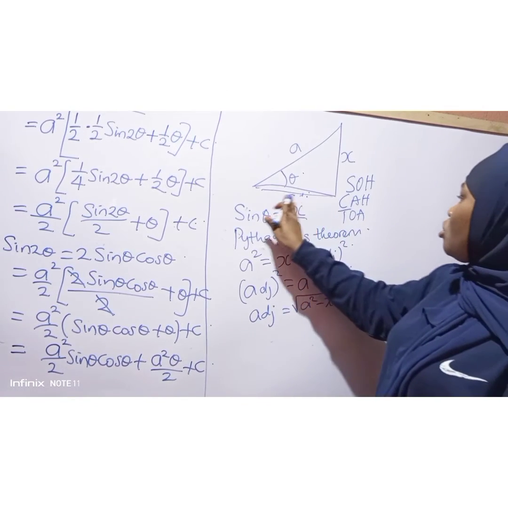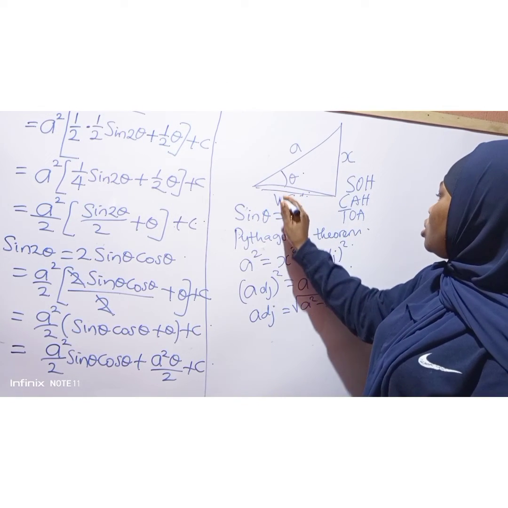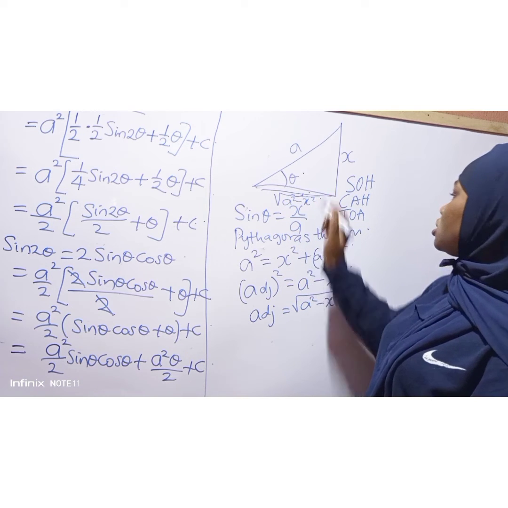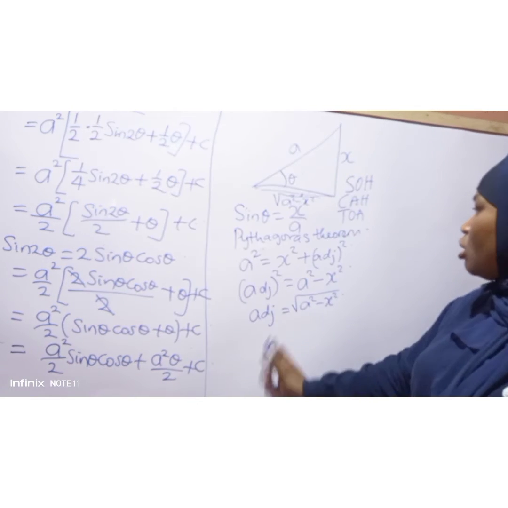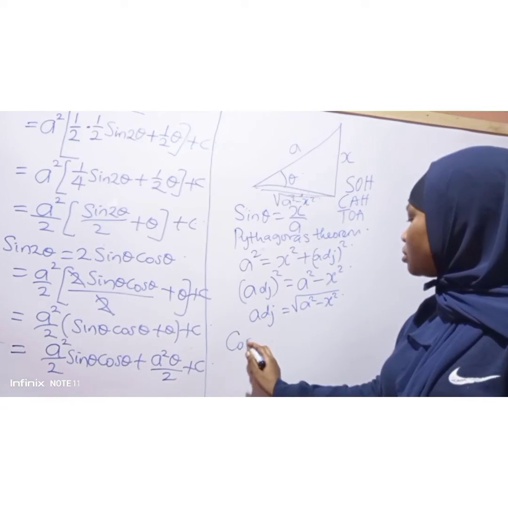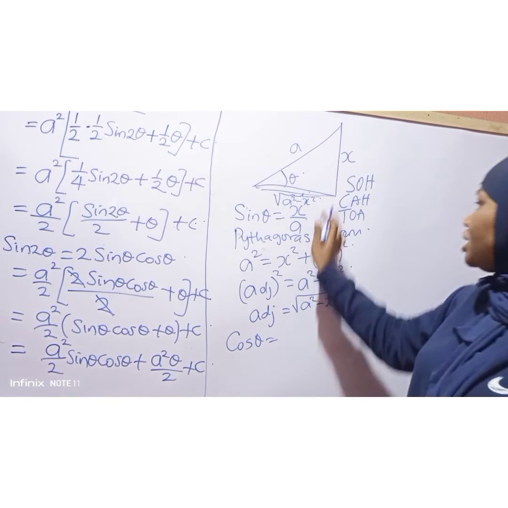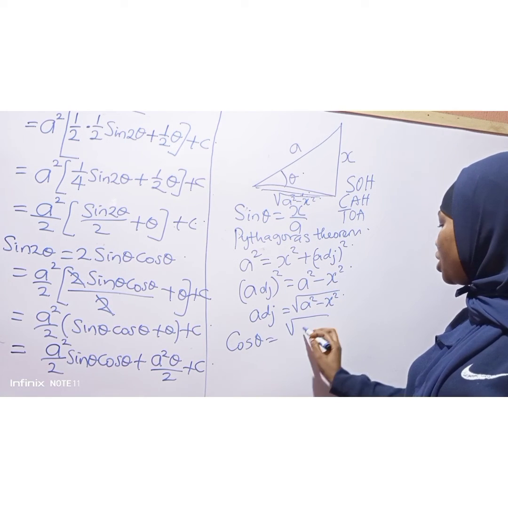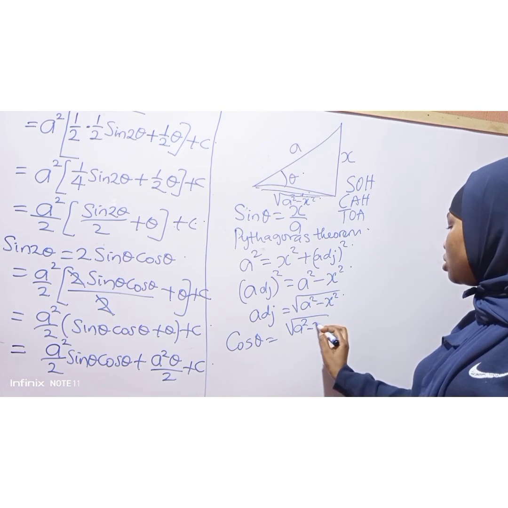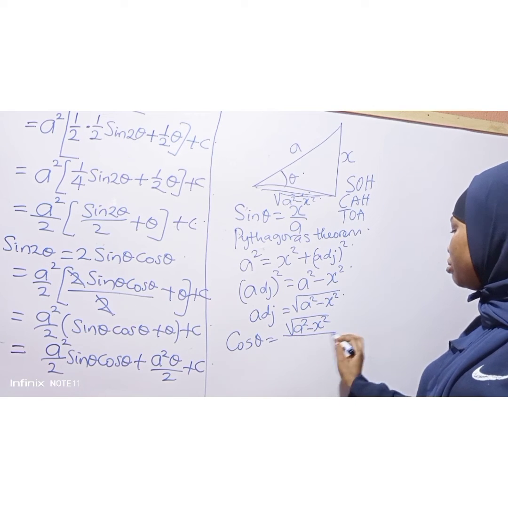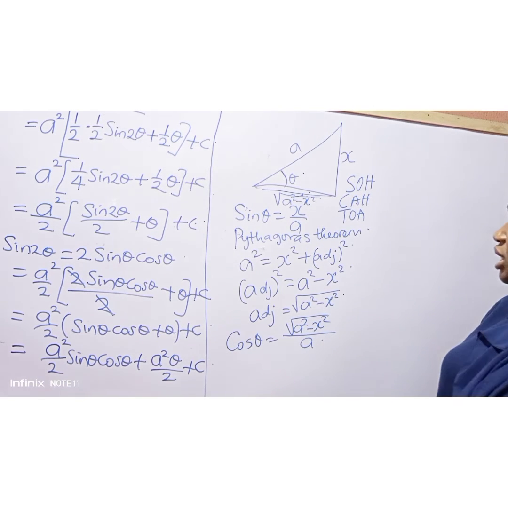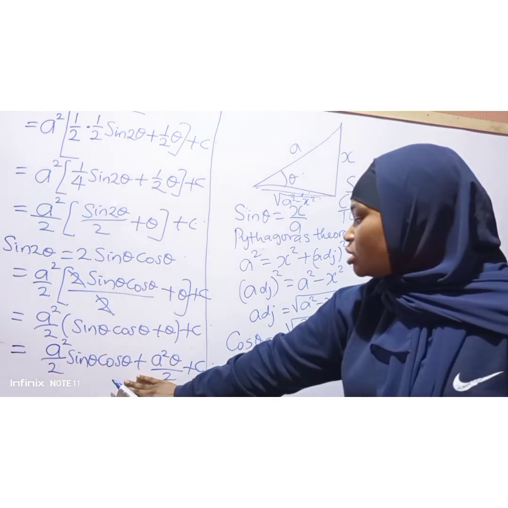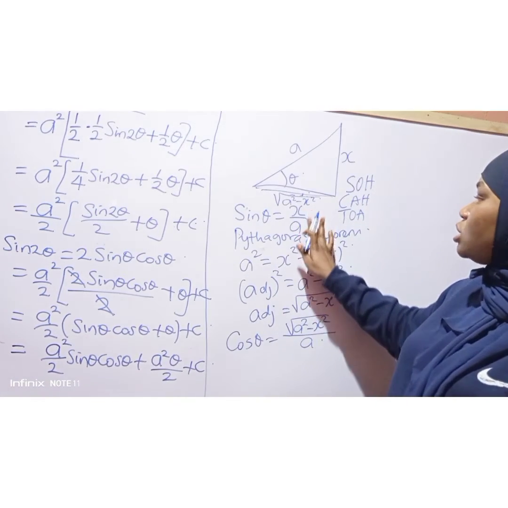So here will be my square root of a squared minus x squared. Now to find cos theta: cos theta will be adjacent divided by hypotenuse, which is equal to the square root of a squared minus x squared divided by a.